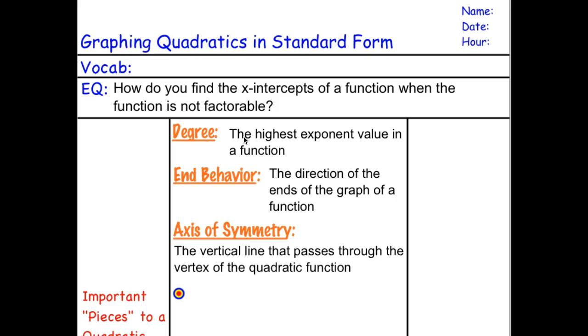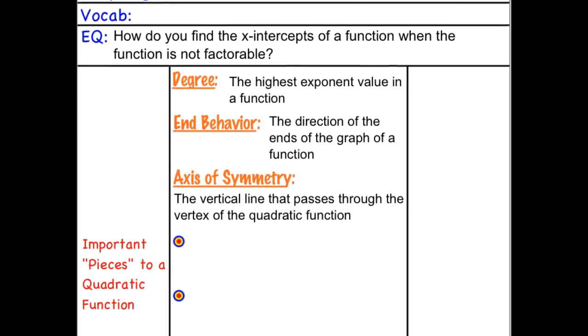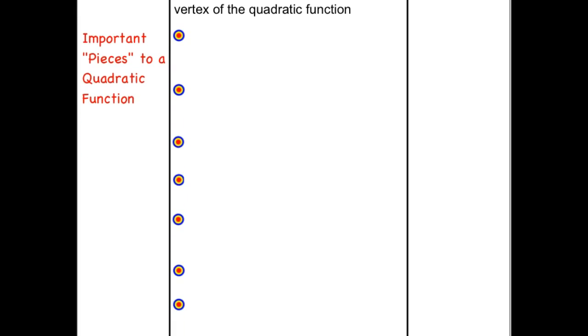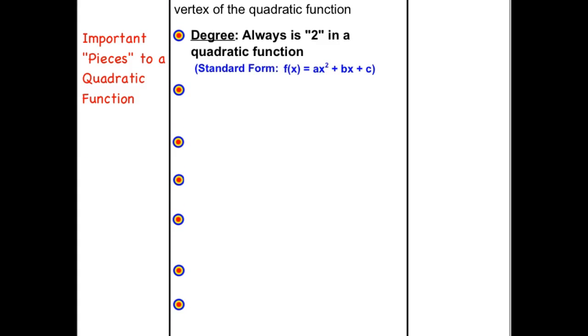Axis of symmetry is the vertical line that passes through the vertex of the quadratic function. It splits that parabola in half. Important pieces to a quadratic function are as follows. Degree always is 2 in a quadratic function.